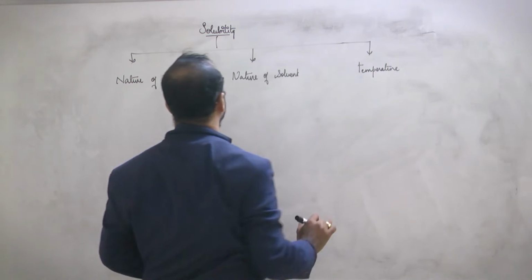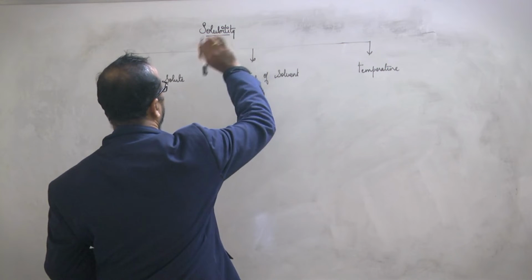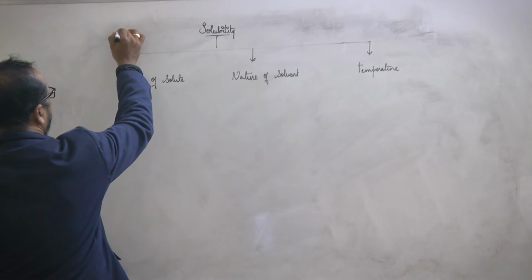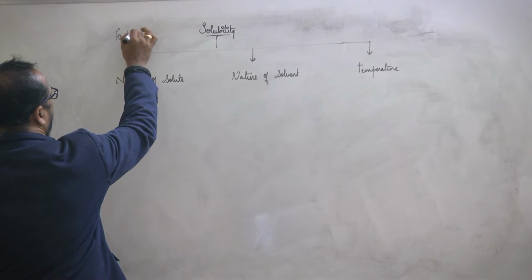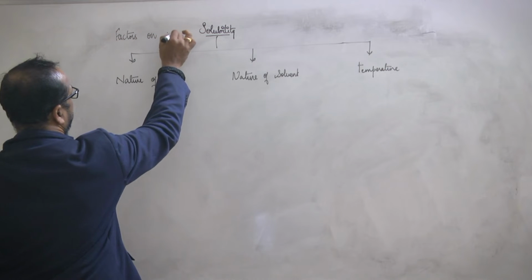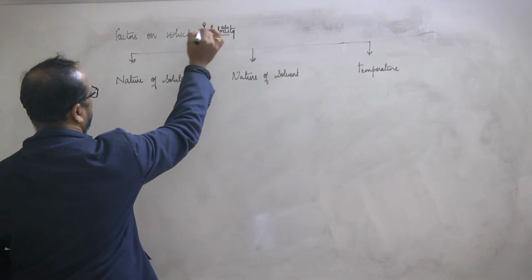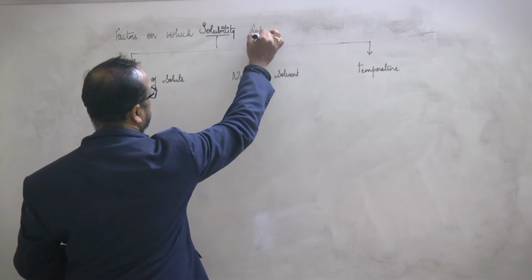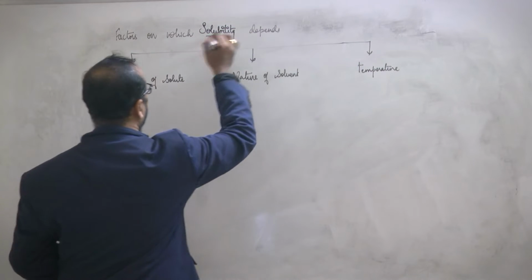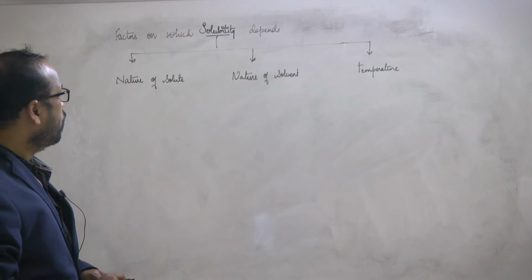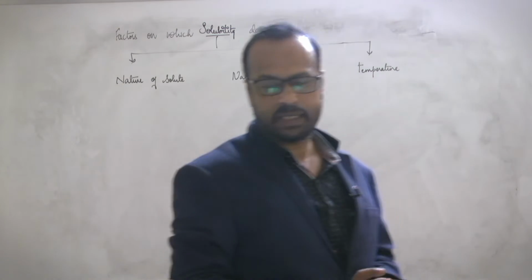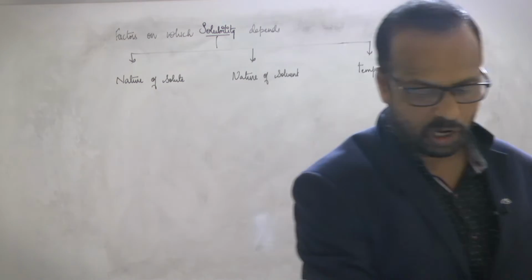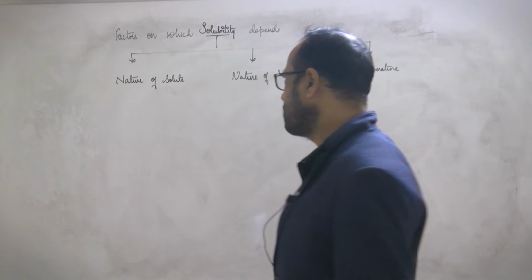So first, solubility: the factors on which solubility depends. One is the nature of the solute, the second is the nature of the solvent, and the third is temperature.